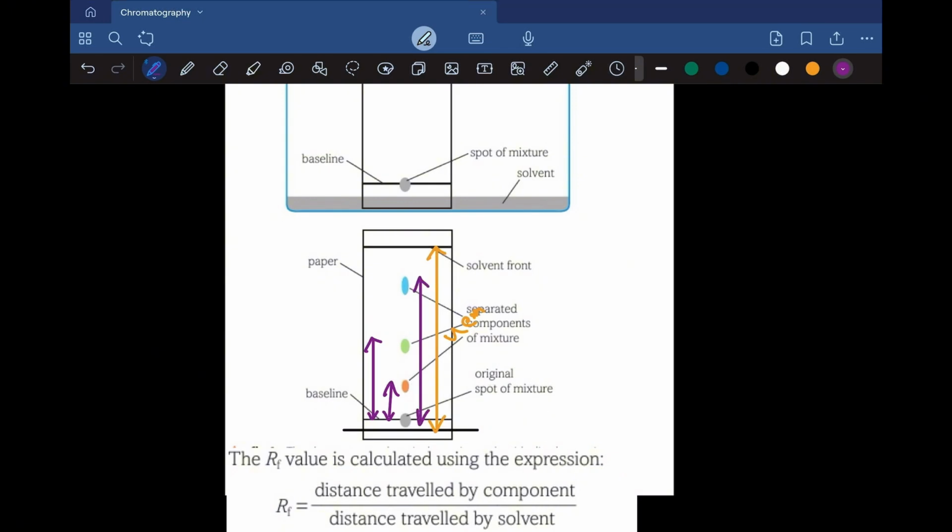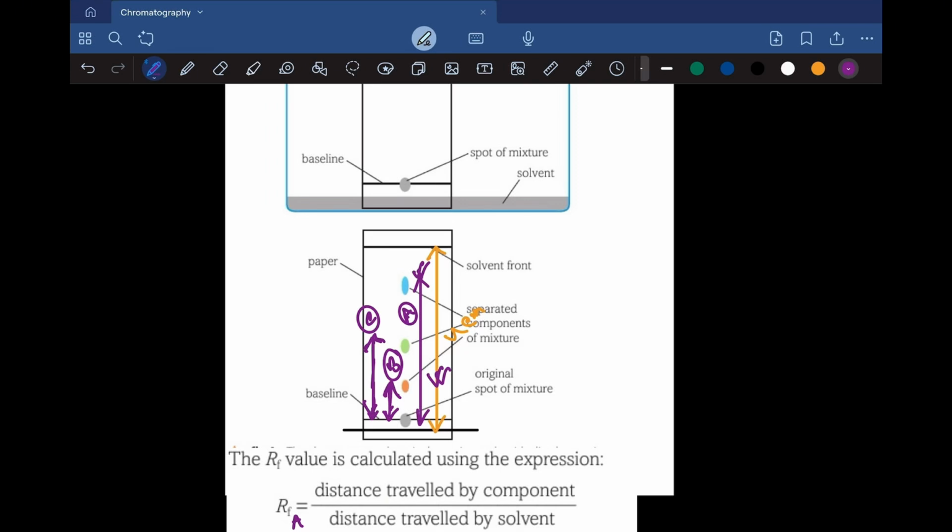So to figure out the retention factor of, let's say, this A particle, the retention factor of A will be the distance traveled by this component divided by the distance covered by the solvent. For this B particle, we will use the distance covered by this particle divided by the distance covered by the solvent. And for this C particle, it is the distance covered by the C component divided by the distance covered by the solvent.